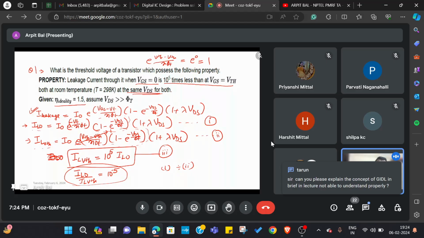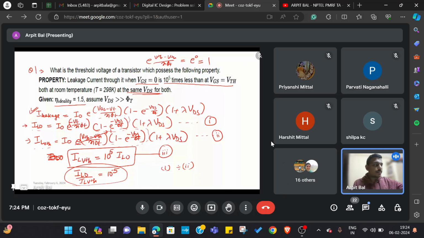I think GIDL was just mentioned: there exists a point called the GIDL point as we keep decreasing this, but it was not discussed in detail in the lecture, and that is more on the device physics side.